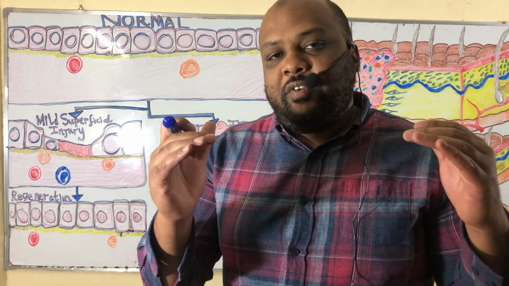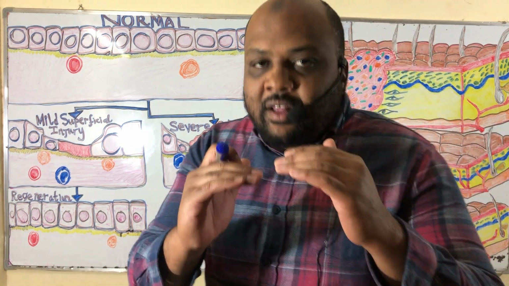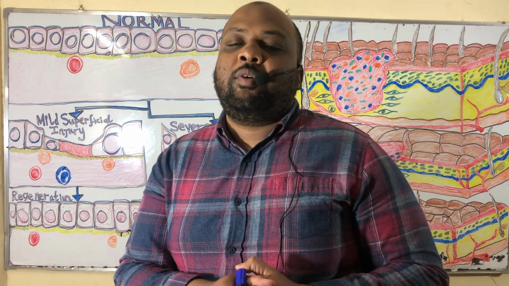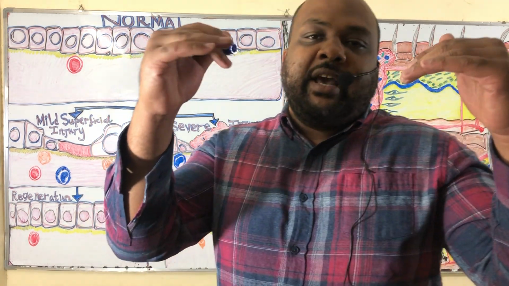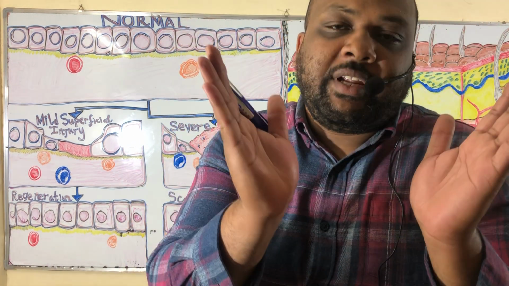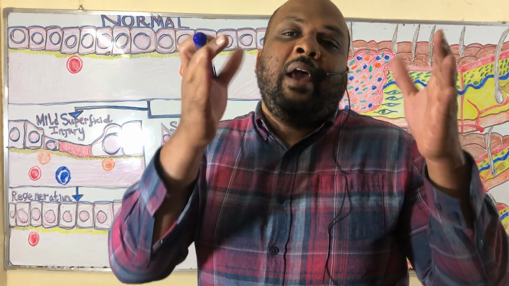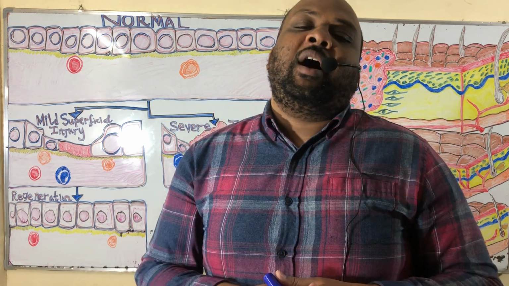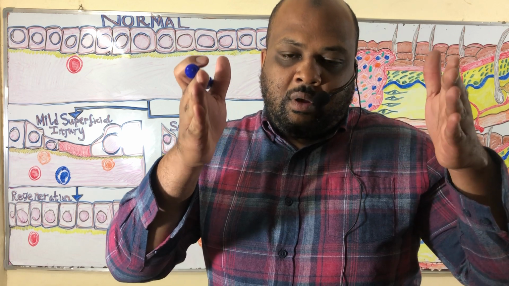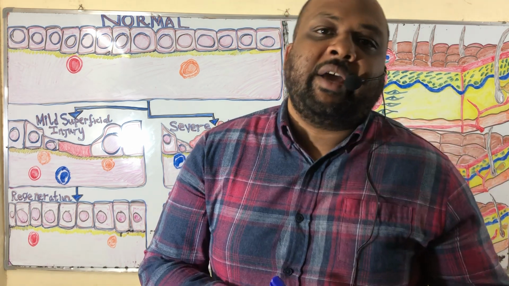And we have two types of injury: a type of injury that is limited at the epithelium, and we have also another type of injury that penetrates deeper, that engulfs and damages the epithelium line, and goes deeper to the underlying tissue.